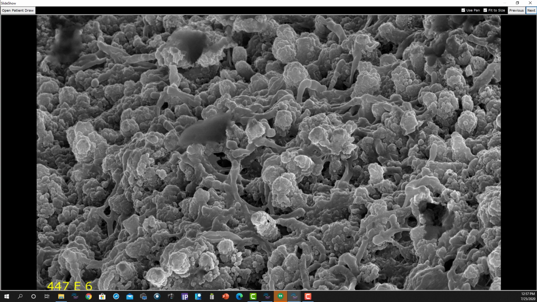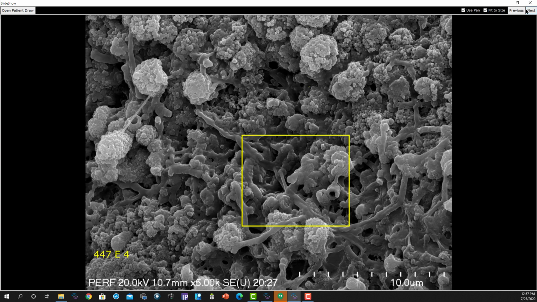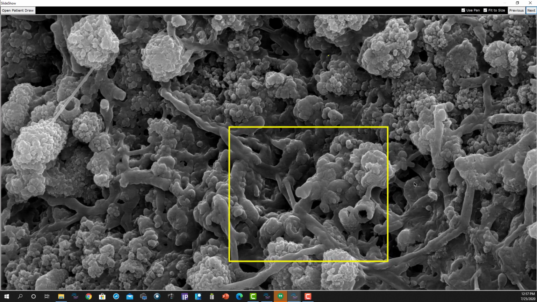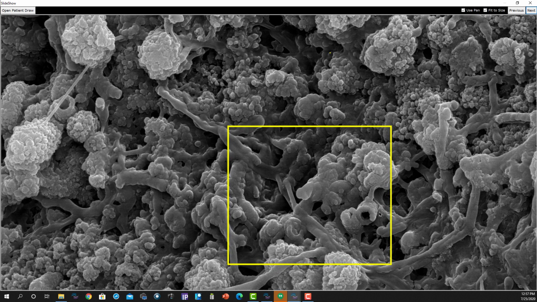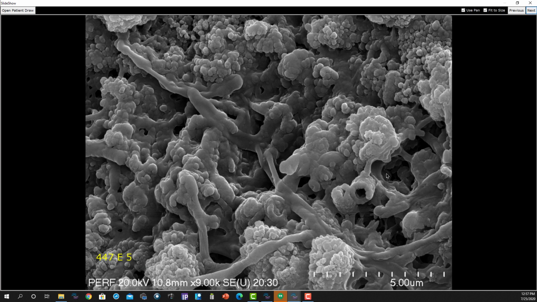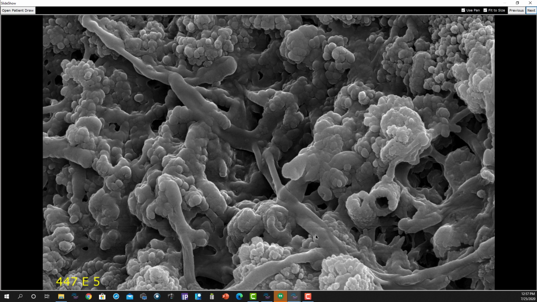These are all chalcospheroids filling in on this underlying network of what looks like Fusobacteria. Here's maybe a higher magnification view showing clearly bacterial morphotypes in their EPS and in the process of being calcified over.